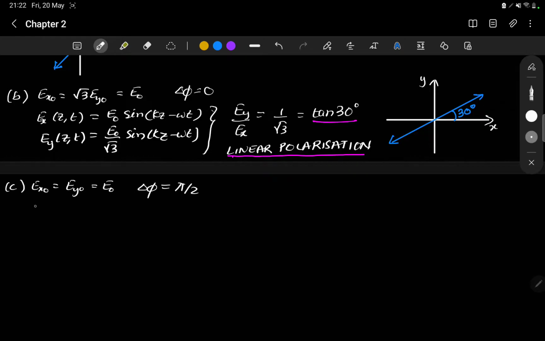Sorry, delta phi here is pi by 2. So we have the expressions for the electric fields as follows.